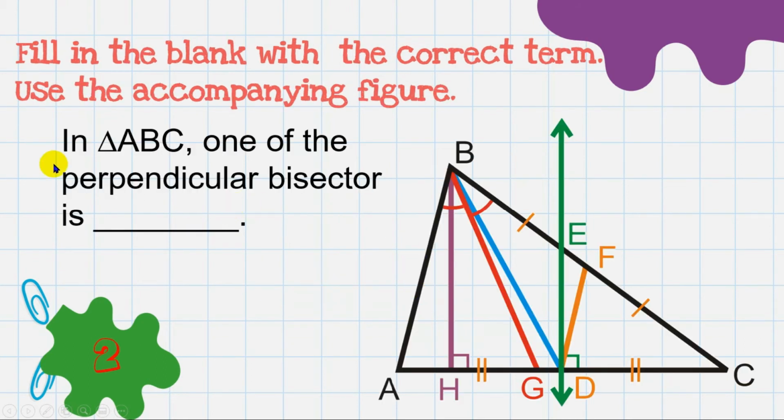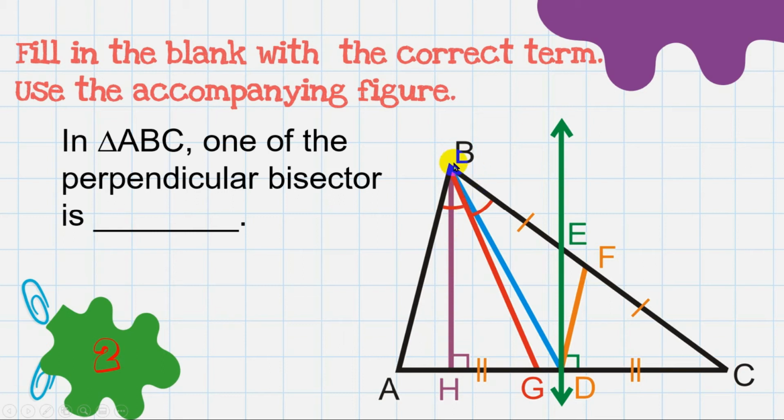And then here, in triangle ABC, one of the perpendicular bisectors is blank. Alin ngayon dito ang line segment, ang line or ray na tinatawag nating perpendicular bisector? Kailangan po nasa midpoint siya at sa midpoint siya nakapag-form ng 90-degree angle. Is it line segment BH? So, from vertex to the opposite side that is perpendicular to it.